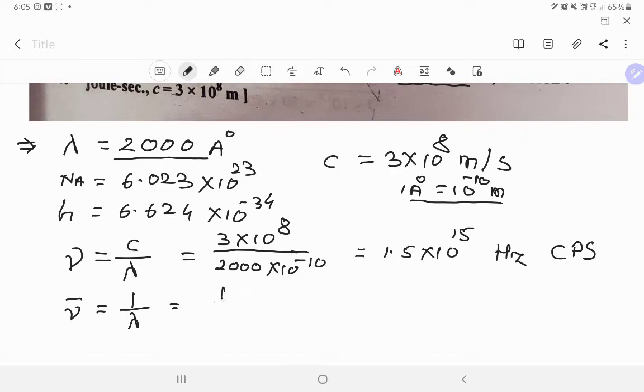It will be 1 upon 2000 into 10 raised to minus 10. You can solve it. It will be 5 into 10 raised to 6 per meter.